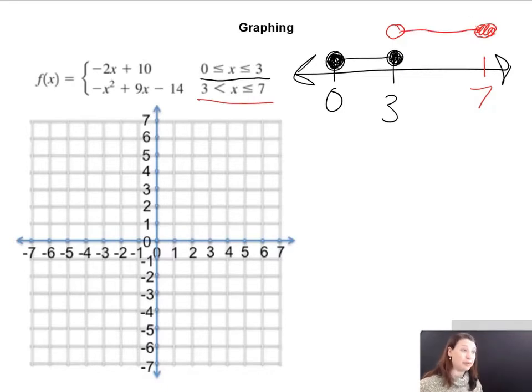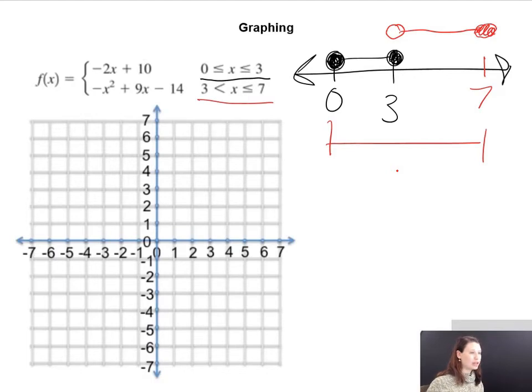So they overlap. The domain of the entire function would be 0 to 7 because 3 is valid in at least one of them, okay? So that's kind of how you have to think about it first, is where do we even graph these, right?